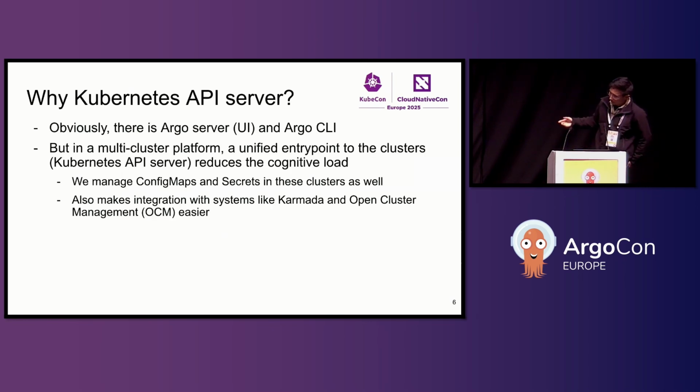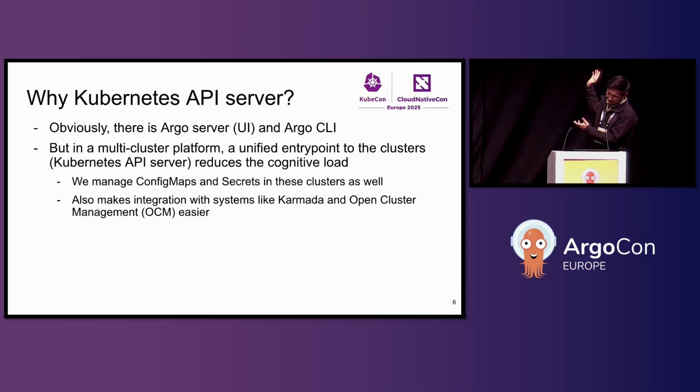Now backtrack a little bit, you might be wondering, why are you using the API server? There's Argo server, there's Argo CLI, both have this wonderful lint feature, why not just use those? Well, because we're a multi-cluster platform, we want to have a unified entry point to our clusters. We manage config maps and secrets in addition to workflows. We don't want to have to manage this mapping of, okay, you have a workflow, go to Argo server, but you have a config map, you need to use kubectl instead.